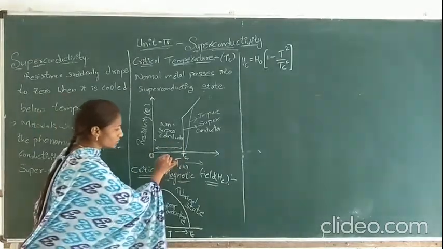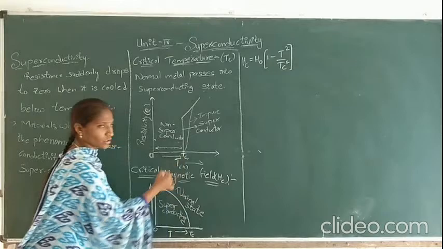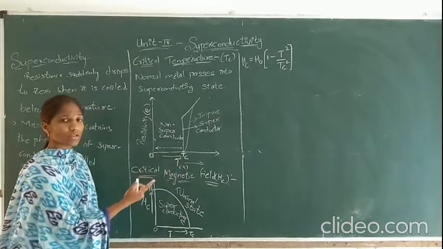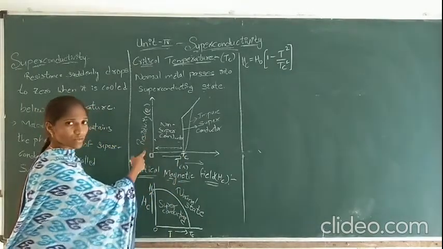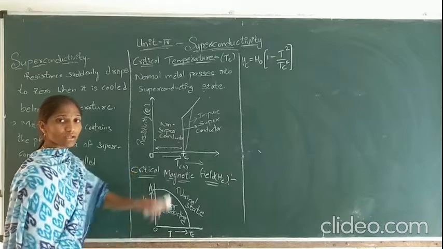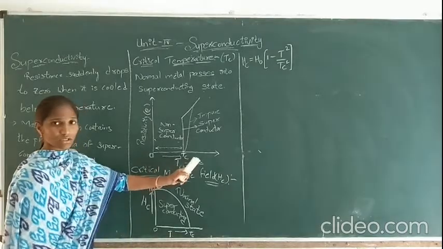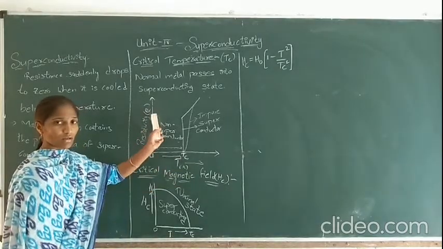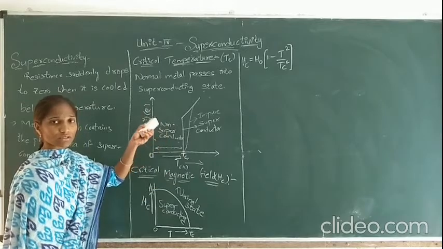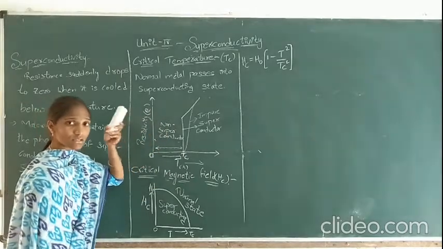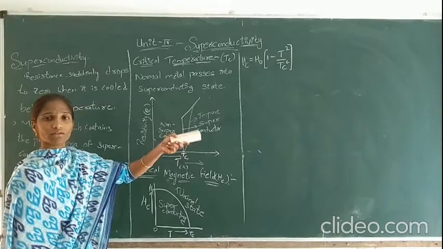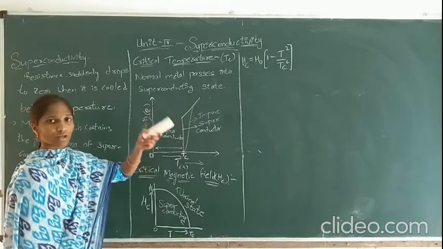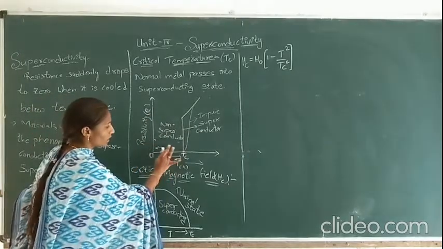As we change the temperature, the resistance decreases, and as the resistance decreases, the flow of current becomes very large.